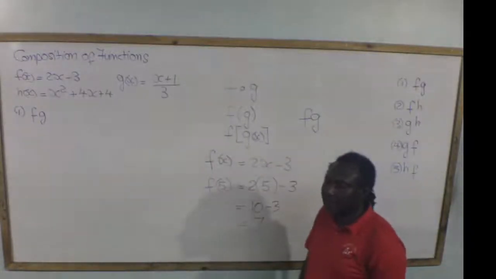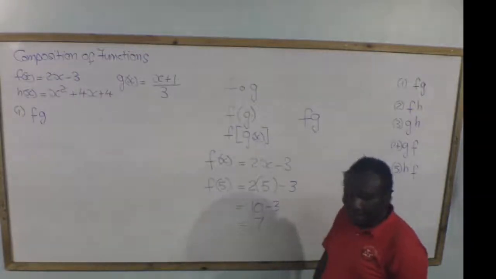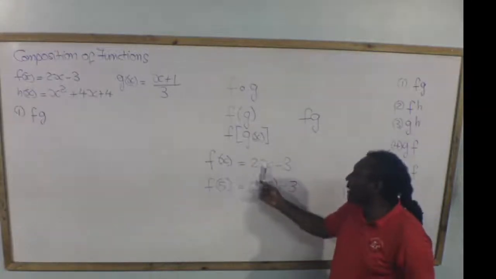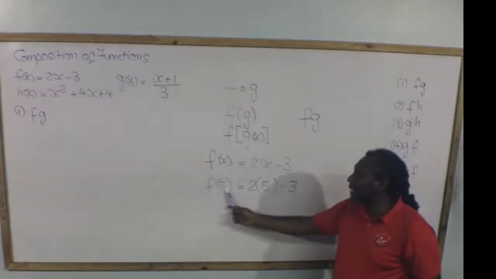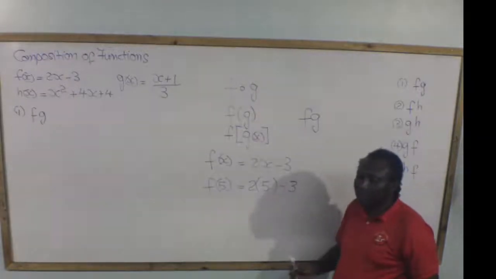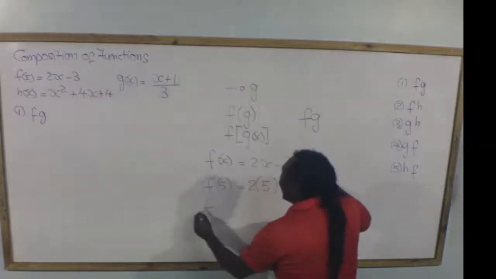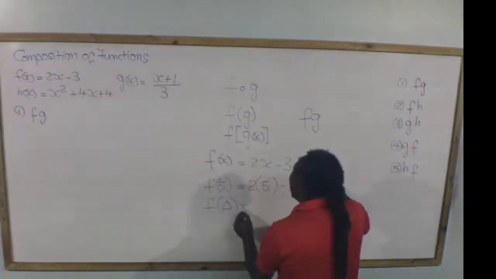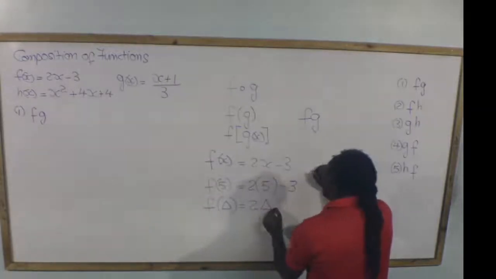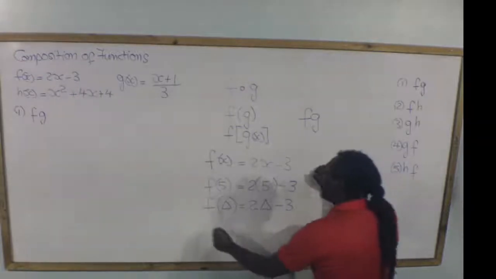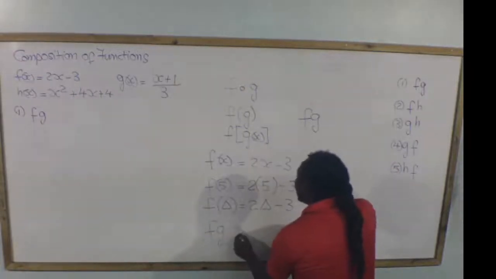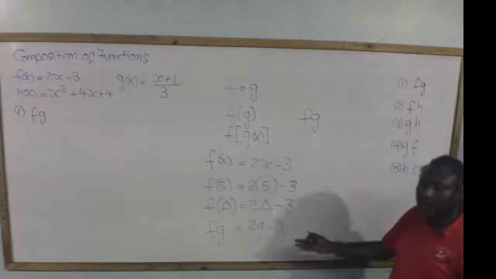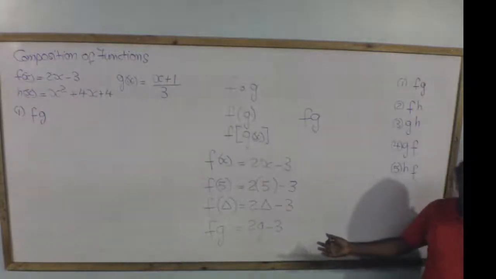For f of g, which is actually f of g of x, what do we do? In the same manner that we say f of x is 2x minus 3, f of 5 is 2 5s minus 3, we may even say f of triangle will be 2 triangle minus 3. If we're going to say f of g, it is still going to be simply 2g minus 3, which you imagine is a no-brainer.